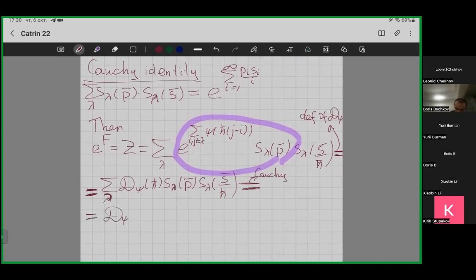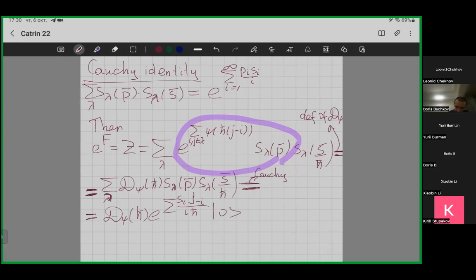So, let me write it down, and then you see. It's e to the power of the sum of s_i J_{-i} over i h bar acting on the one, so on the vacuum vector.